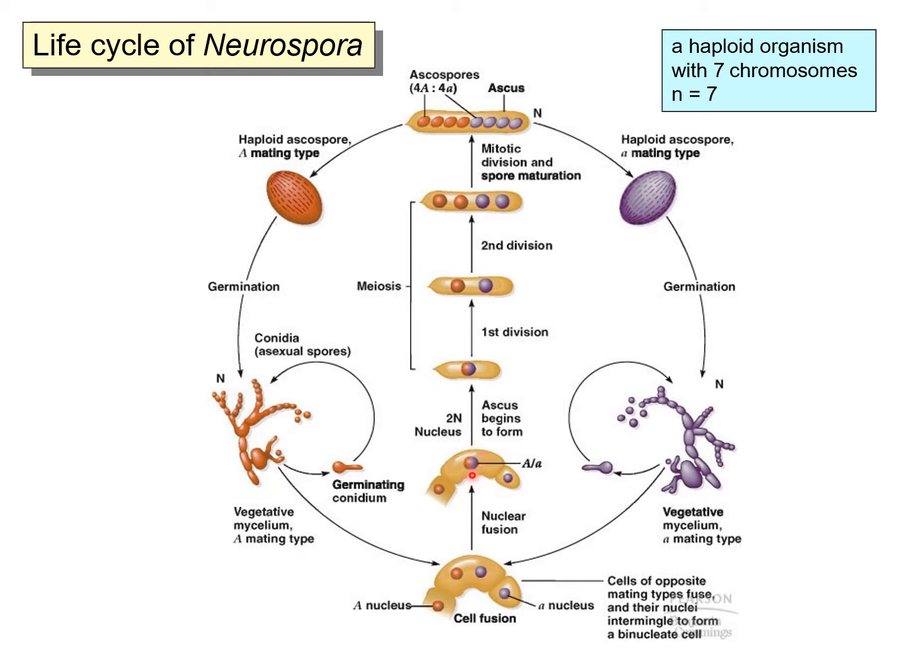After the fusion of these nuclei, it now has the diploid number; the haploid number of Neurospora is 7 chromosomes. Now once the zygote formation takes place, it is followed by the development of the ascus sac.